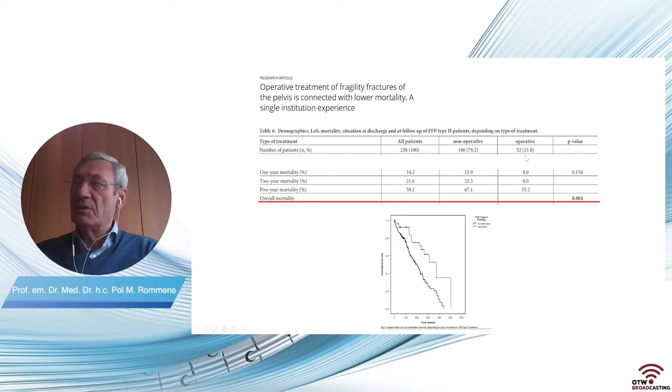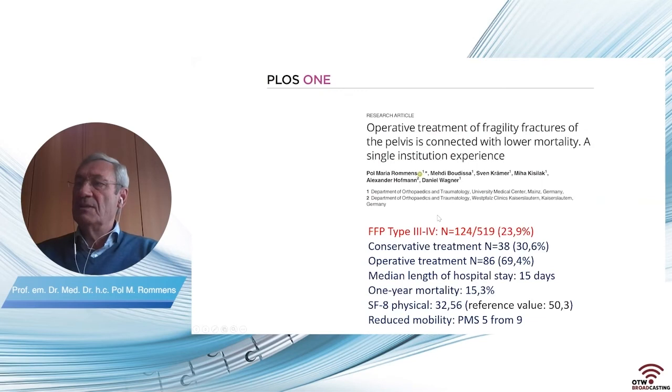At that time, this was a retrospective study. We found a significant difference in mortality after 1 year, 2 years, and 5 years in the operative versus the conservative group. That means that the operative group has a better survival after their surgical treatment.